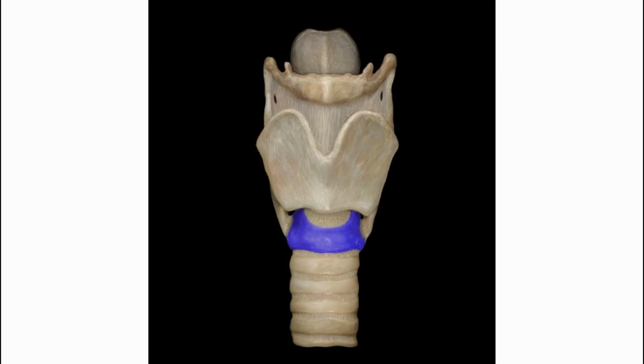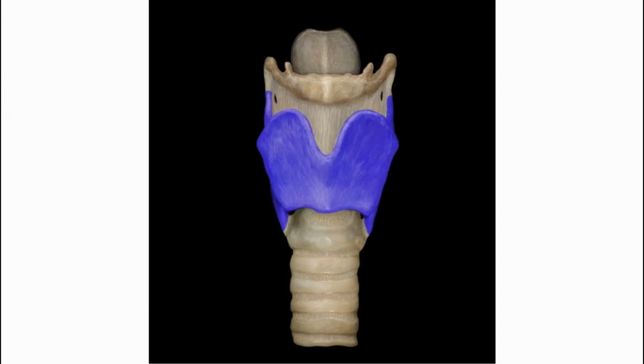This cricoid, inferiorly, sits on the first ring of the trachea, and superiorly it articulates with the thyroid cartilage. In this image, we can see that the thyroid cartilage sits and articulates with the cricoid cartilage.